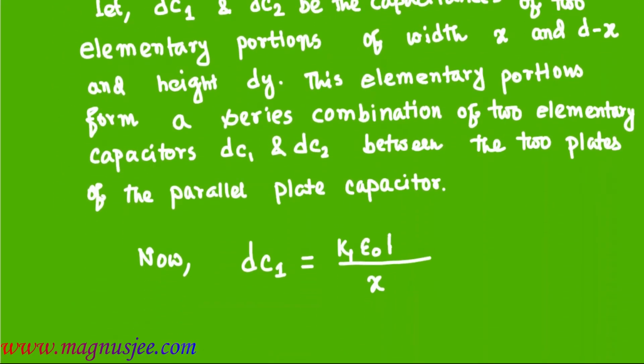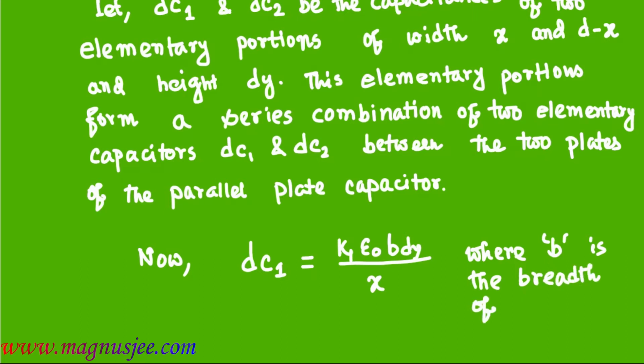That's why area of cross section of the elementary portion is b dy, where b is the breadth of each plate.